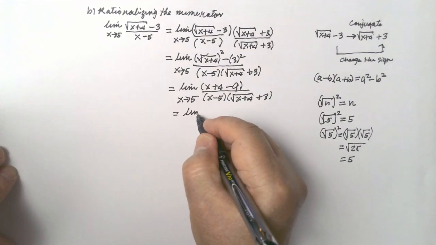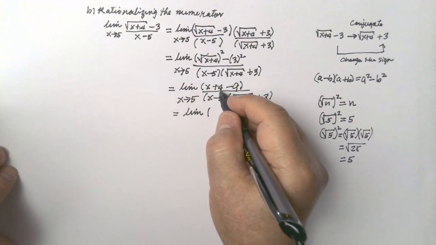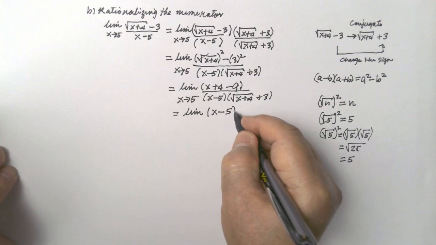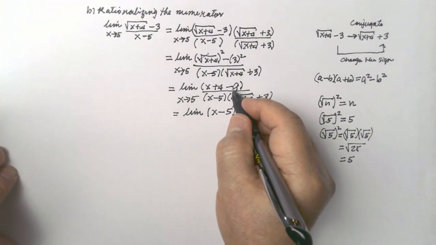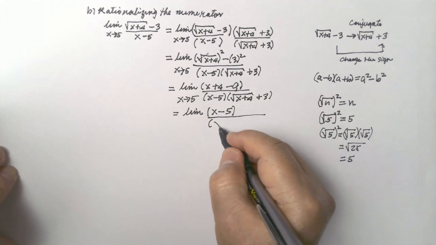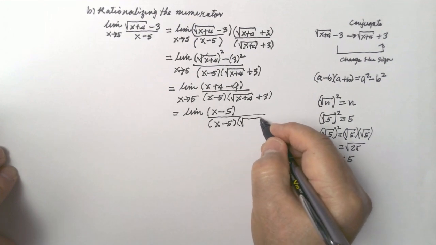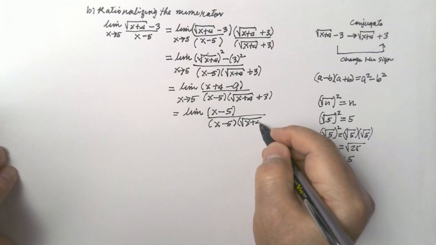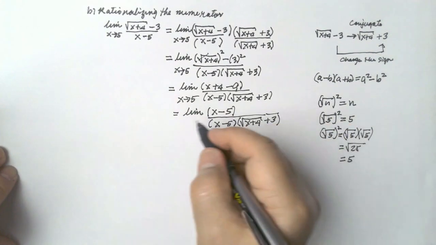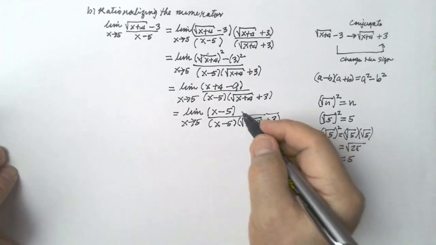This is now equal to the limit of x plus 4 minus 9 is x minus 5, because positive 4 negative 9 is negative 5, over x minus 5 times the square root of x plus 4 plus 3 as x approaches 5. We can now cancel.